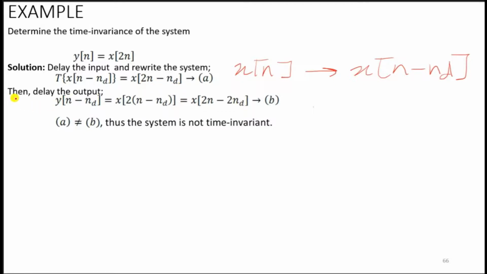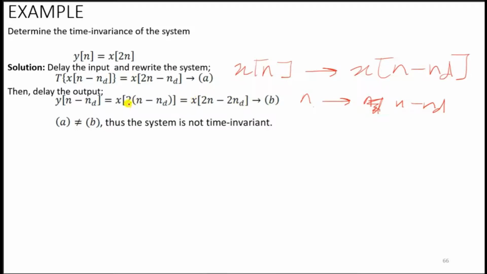Now, when delaying the output, you must change all the n's into n - nd.